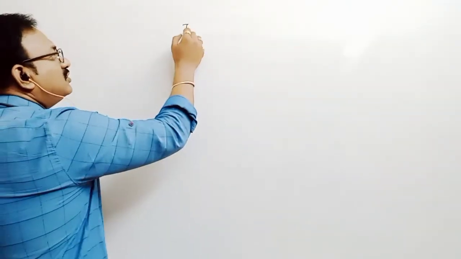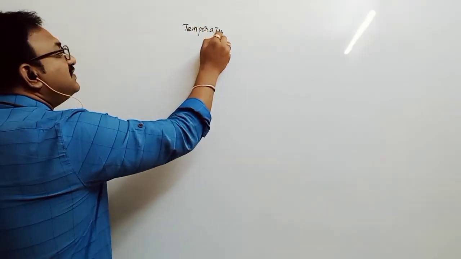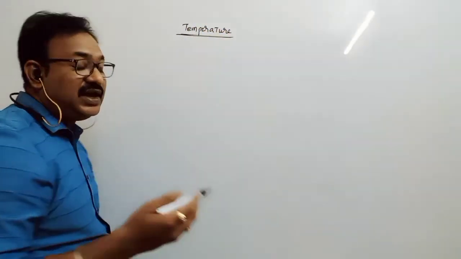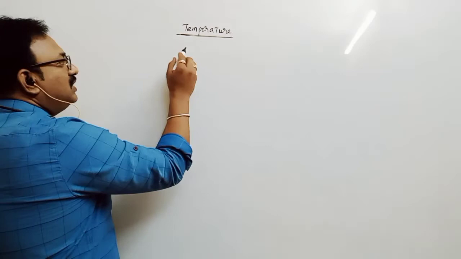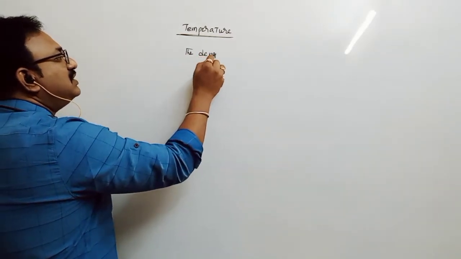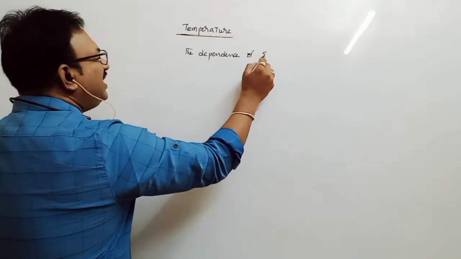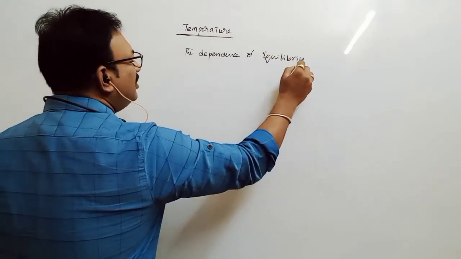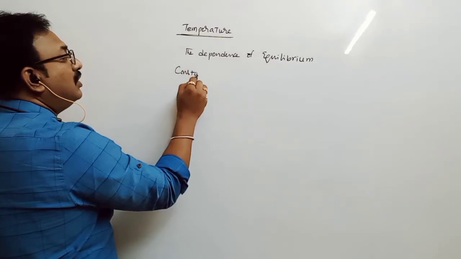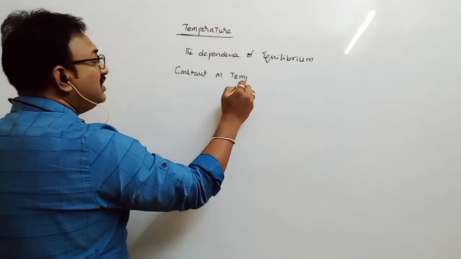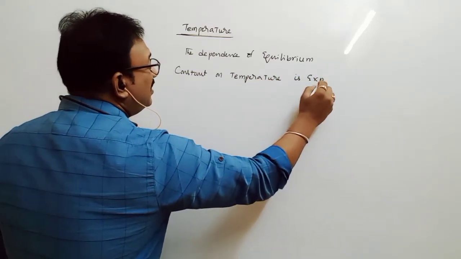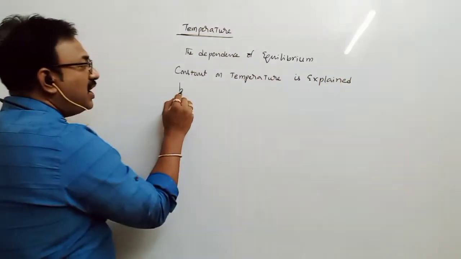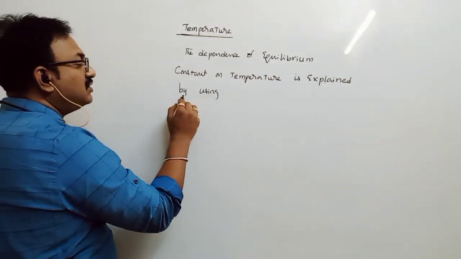The third and important factor is temperature. The next factor is the temperature. Equilibrium constant depends on temperature. Now listen. The dependence of equilibrium constant on temperature is explained by using Van't Hoff's equation.